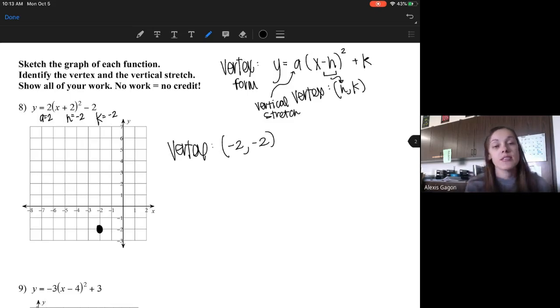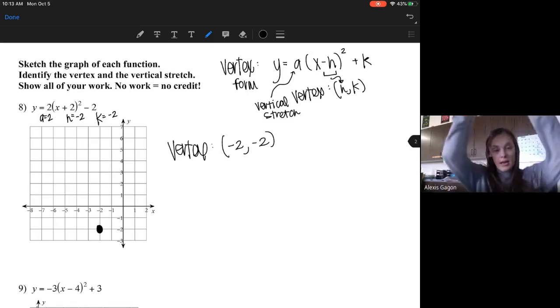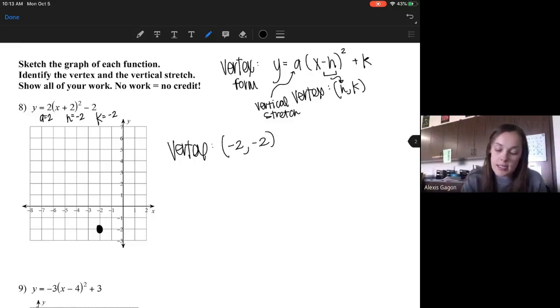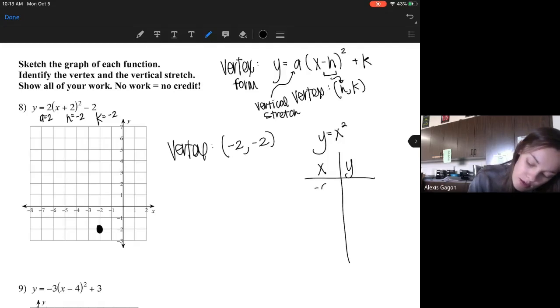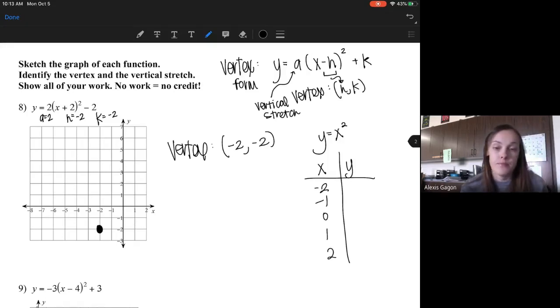And then we need to figure out how high up this is going or how wide it is. So we need to look at this table right here, always use the same table. So y equals x squared, which this will be x, this will be y. So I'm going to plug in from -2 to 2 to find our y values.